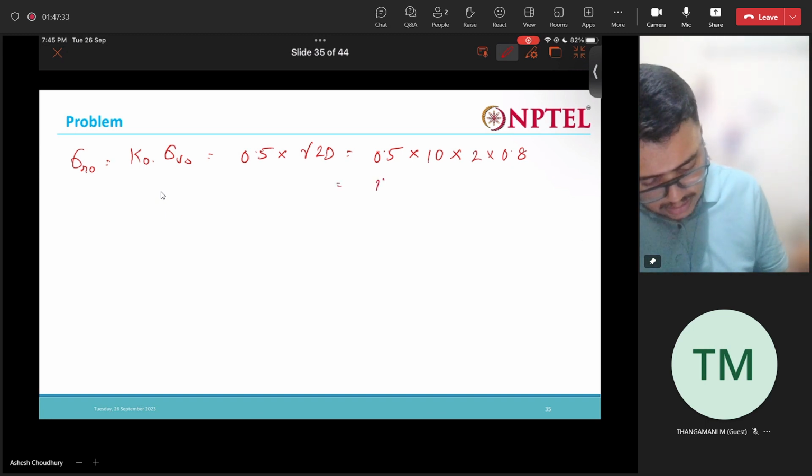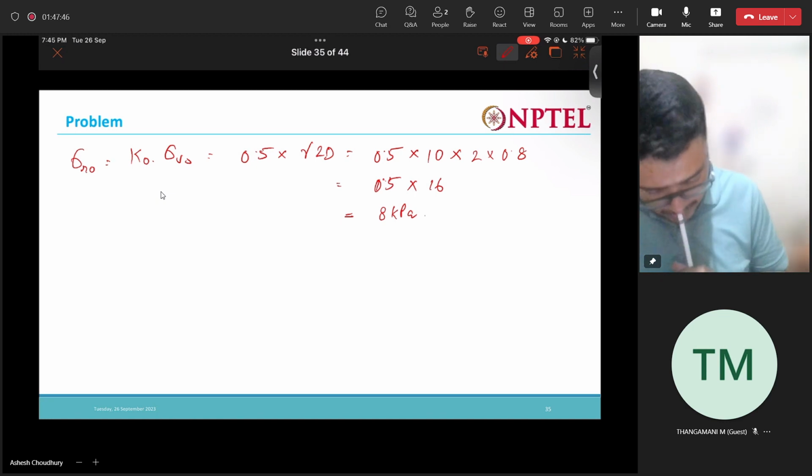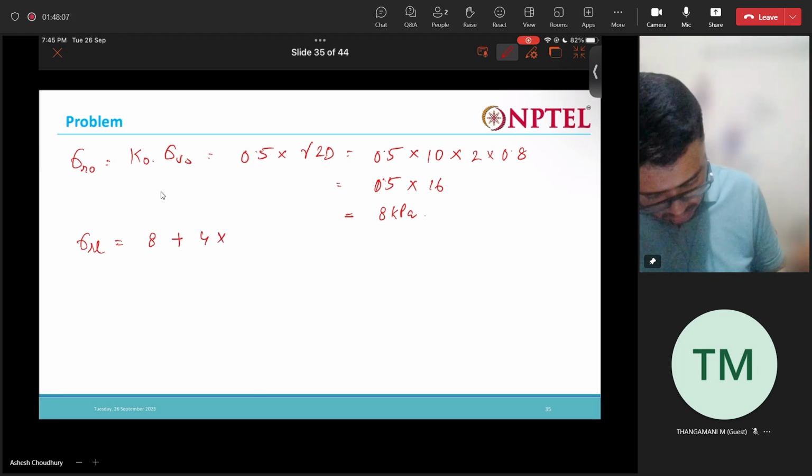So this will come out as 0.5 into 16, so 8. Now we can get sigma RL as 8 plus 4 into Cu, 4 into 40, so 160 kPa.